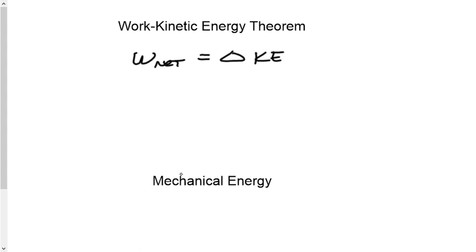What about mechanical energy? Mechanical energy is equal to the sum of kinetic energy plus any kind of potential energy. And there you have it. In chapter 4, we had force net equals mass times acceleration. In this case, work net equals the change in kinetic energy for the system. And that's an introduction to energy. More to come on all of that.